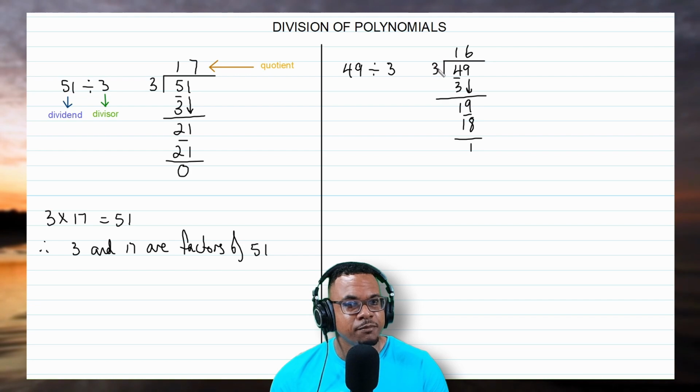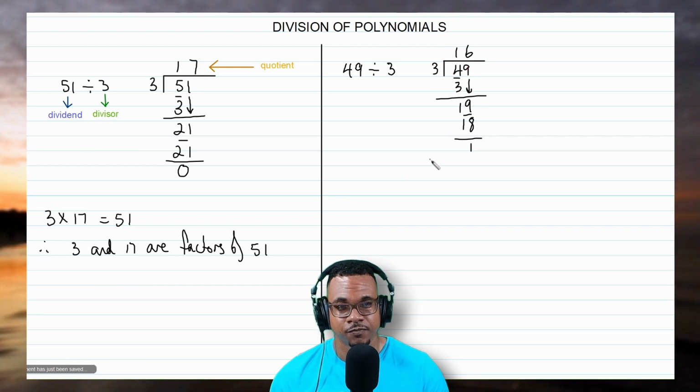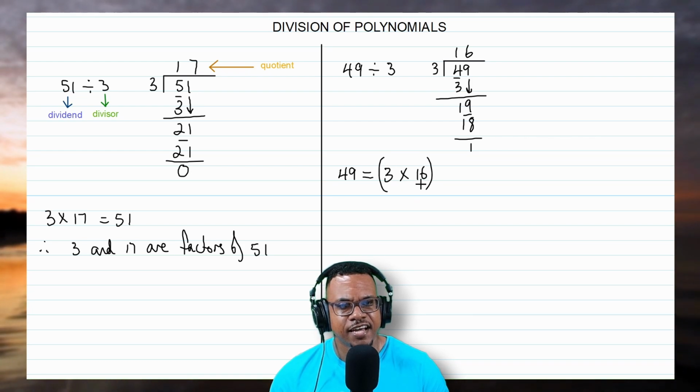So now when I multiply my divisor times my quotient, I would not get 49. I'll have to say 3 times 16 plus 1 will be equal to 49. So what I'm going to have is 49 is equal to my divisor times my quotient, and I'll have to add my remainder to get back that 49.